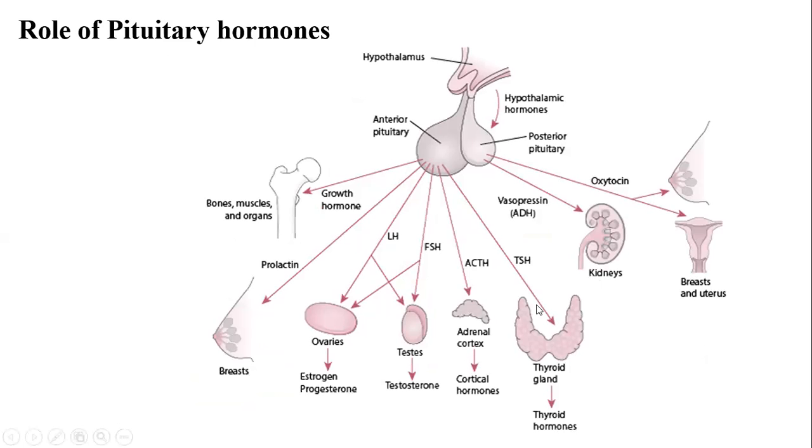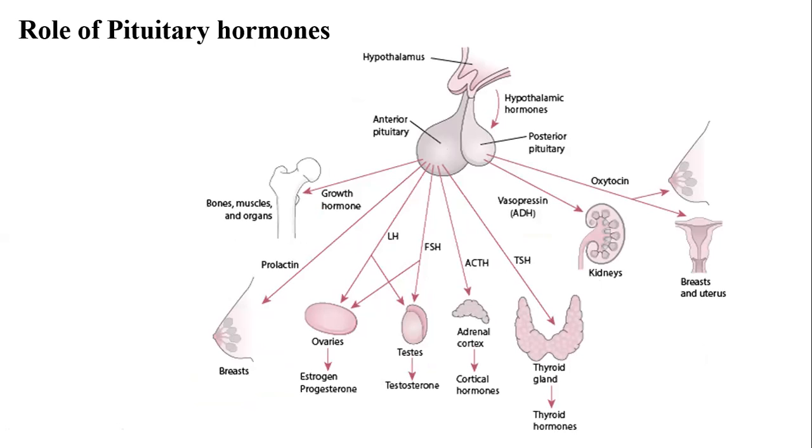Now, as we know, there are two major lobes of the pituitary gland, anterior lobe and posterior lobe. These lobes secrete various hormones, and for secretion they have specialized cells.